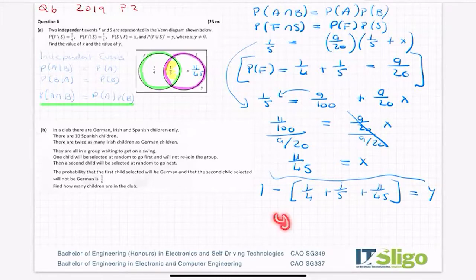I'm getting Y being equal to 11/36. And that's the first part of that question done. So X is equal to 11/45, Y is equal to 11/36.